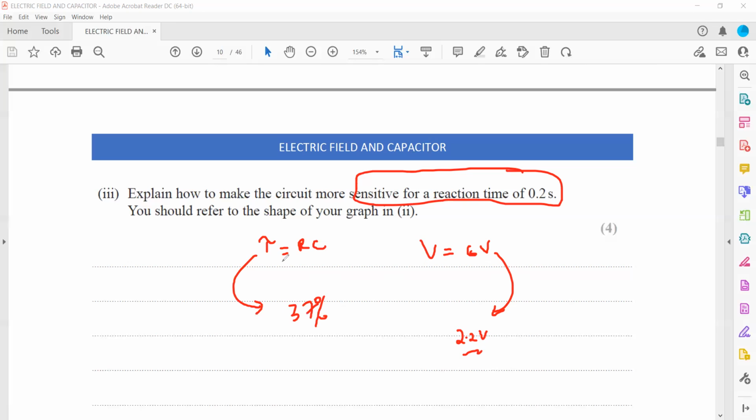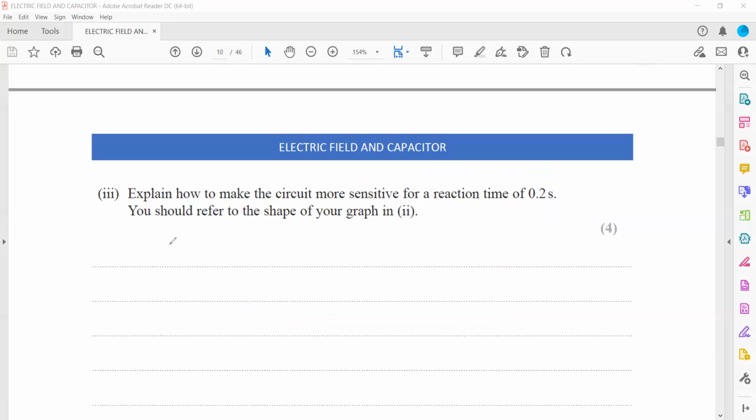So if we want to make it more sensitive, the reaction time must match the value for the time constant. Otherwise, what might happen if we use a higher time constant, which is a product of R and C? If we have a high value of R and C, the product will be high.